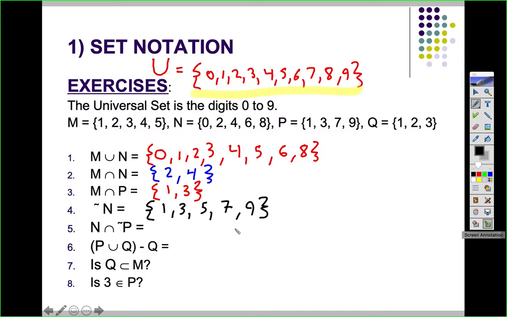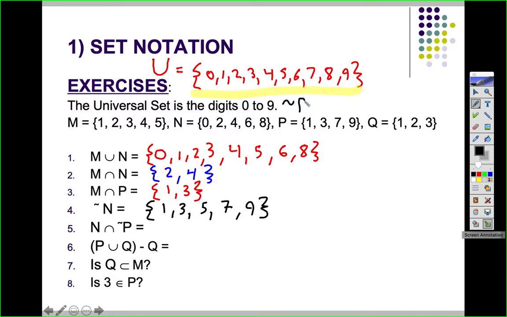Okay. The next ones start to get a little harder. The next two. Two of them are a little harder. N intersect not P. So when you get these multiple step ones, it makes it very easy if you think about them one piece at a time. Like saying what is not P first. If I said what is not P, I can just write it right here.